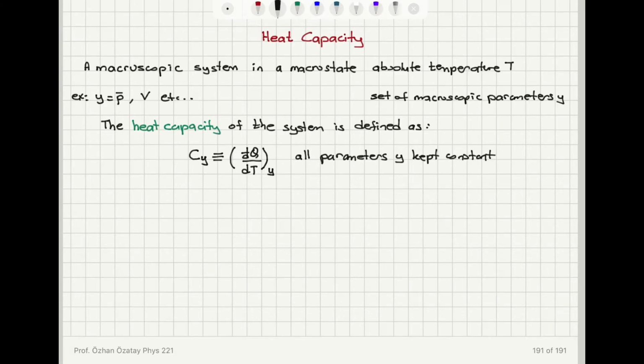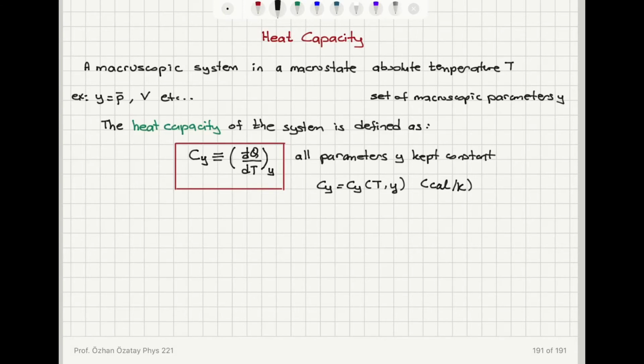This value of the heat capacity, C_Y, will change depending on what the absolute temperature of the system is and what the value of Y is. It's given in calories per Kelvin, because we have heat divided by absolute temperature. Now, if we specify the heat capacity per a quantity of the substance, we call it specific heat.